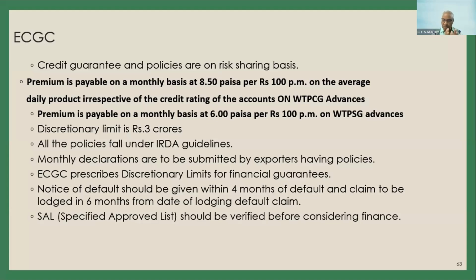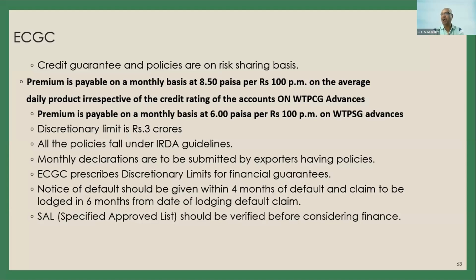If the limit is up to 3 crores, we can sanction, disburse, and intimate the ECGC. Intimation is very much required. Let's suppose we have sanctioned 10 crores. You can sanction the limit and take the documentation, but before disbursement, we should take permission from ECGC. That's what we call discretionary limit. What is the discretionary limit? 3 crores for our bank.